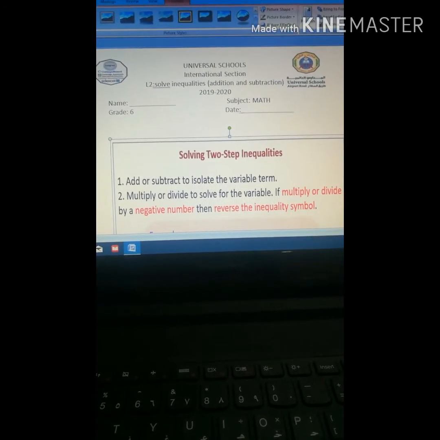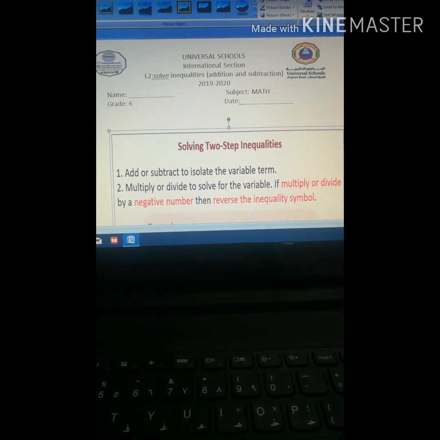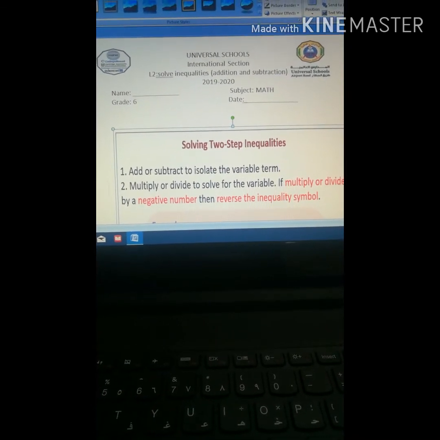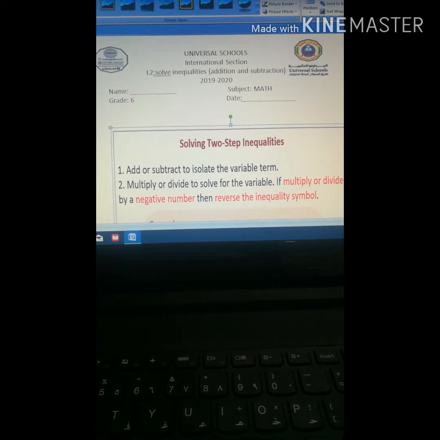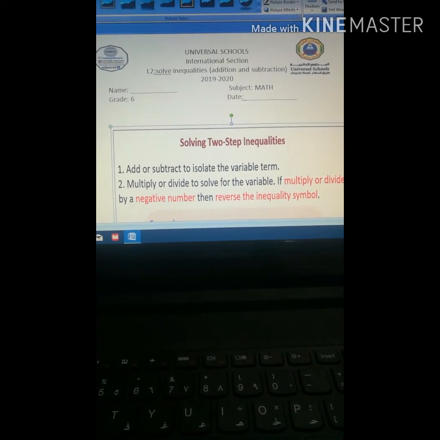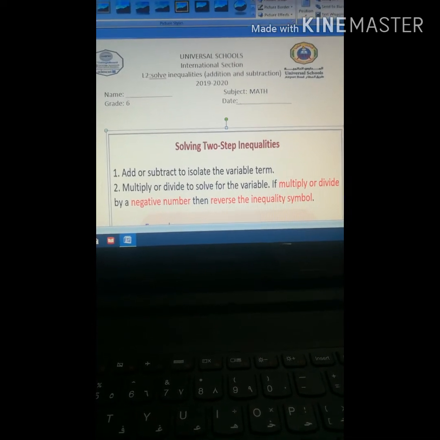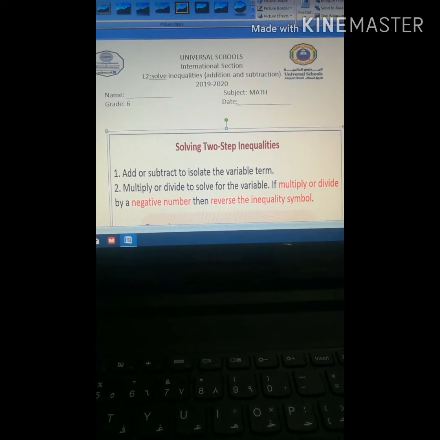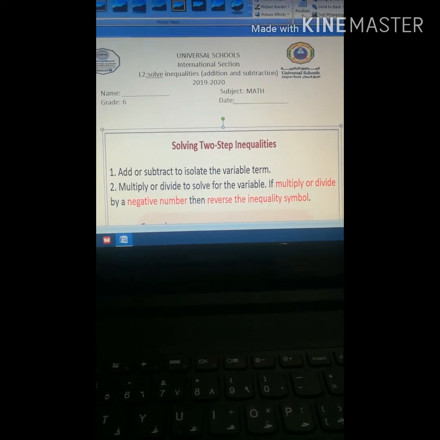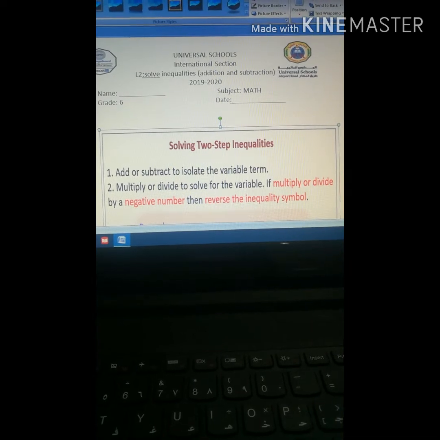I want the variable alone, without any factor, without plus, without minus. After that, multiply or divide to solve for the variable.